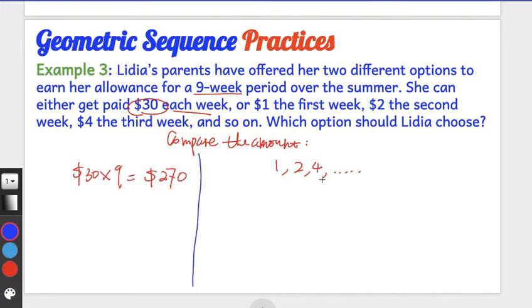We already know the first 3 terms, then it's going to be 8, 16, 32, 64, 128. Now we have 1, 2, 3, 4, 5, 6, 7, 8. The next one is going to be 256 because we just multiply. So now we are going to add them together, right?